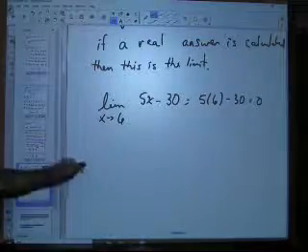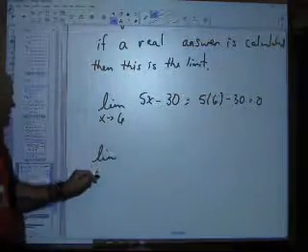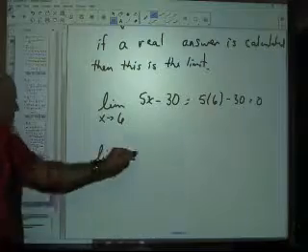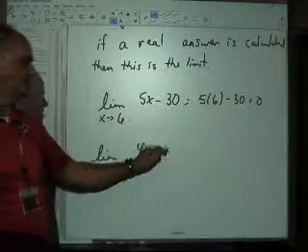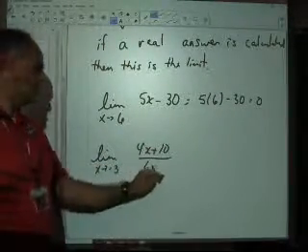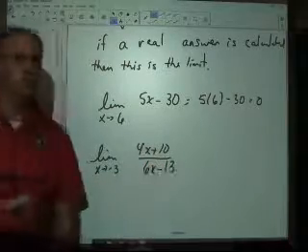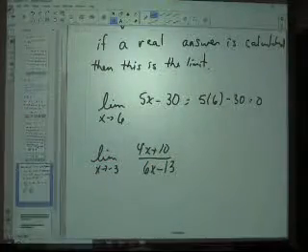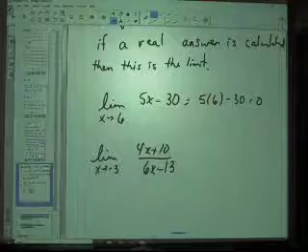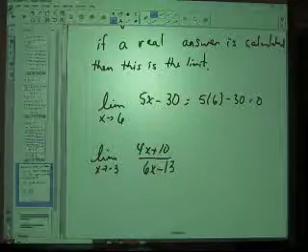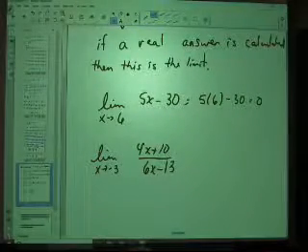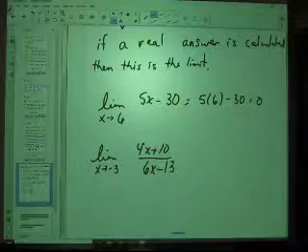Let's say you have the limit as x approaches negative 3 of 4x plus 10 over 6x minus 13. What's the first thing we want to do? Plug in negative 3 for the x's. So let's try to plug in that negative 3 for the x's.